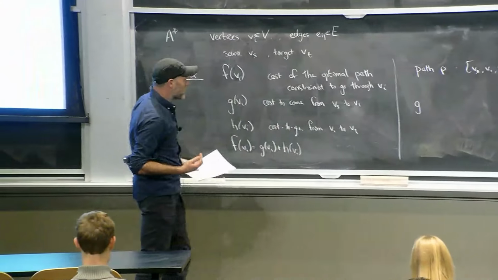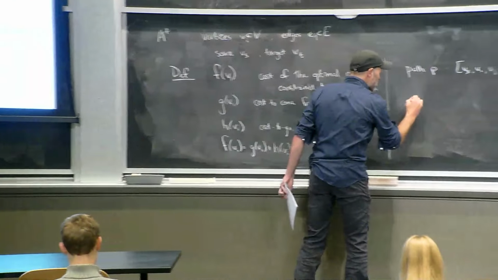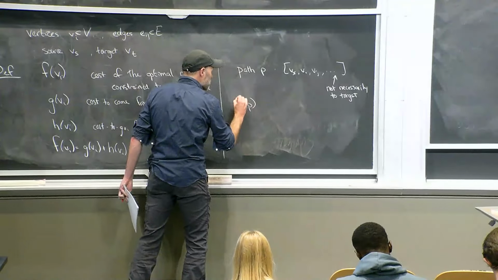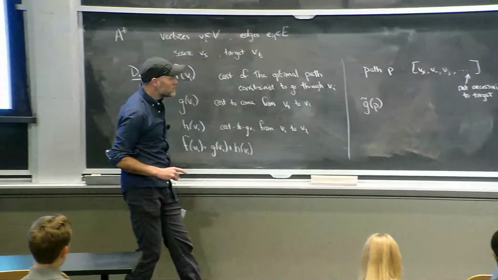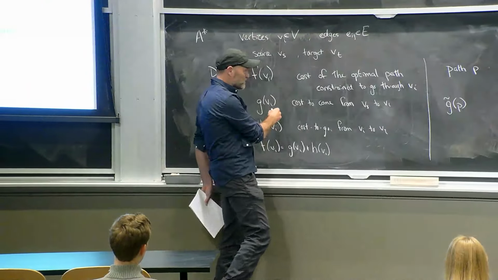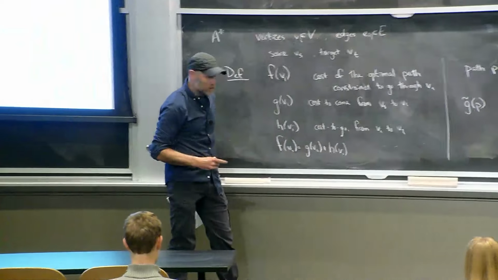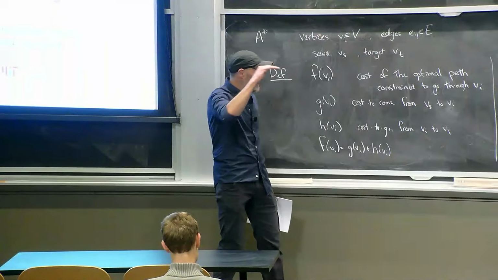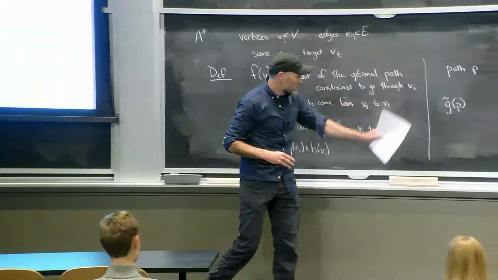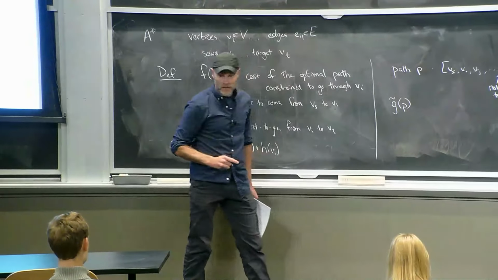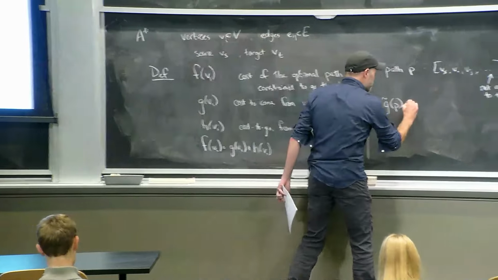Then you can define the cost to come on a certain path, which is different from the optimal cost to come to that node, since it's constrained to take a particular path, possibly a suboptimal path.